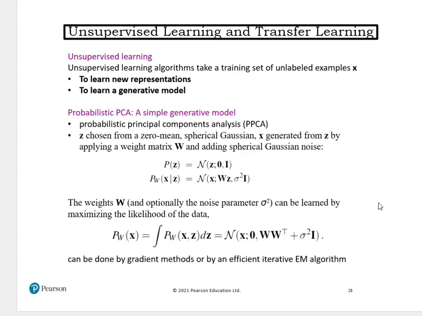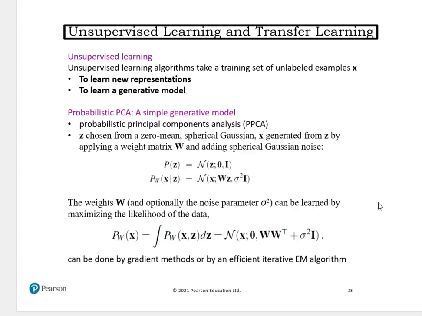Now, unsupervised learning algorithms, on the other hand, take a training set of unlabeled examples X, and the first thing it tries to do is to learn new representations.